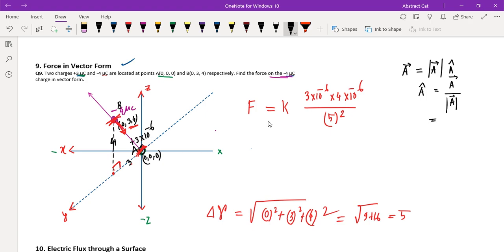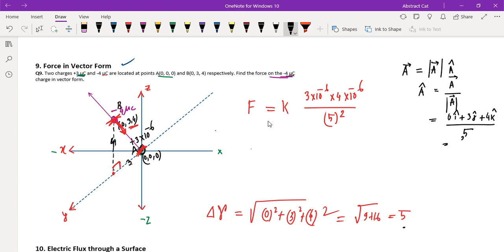So the vector is the gap between these two: 0 minus 0, resultant vector, 0 i cap, plus 3 minus 0, that is 3 j cap, plus 4 minus 0, 4 k cap. We solve in vector algebra, divided by the magnitude, which is 5.